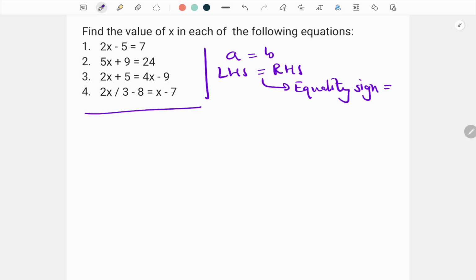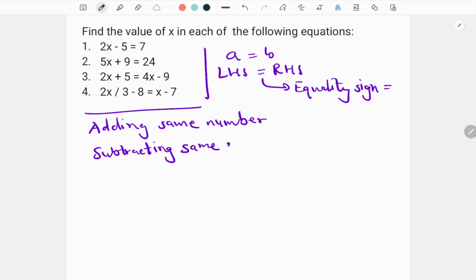So what are those operations? Let's write down some of them. Adding the same number or subtracting the same number to both sides of the equation.